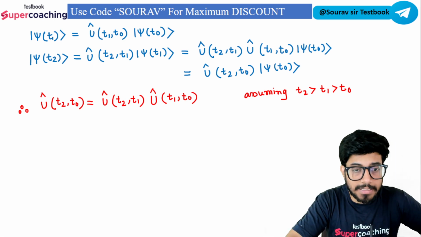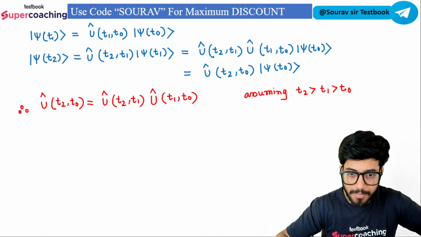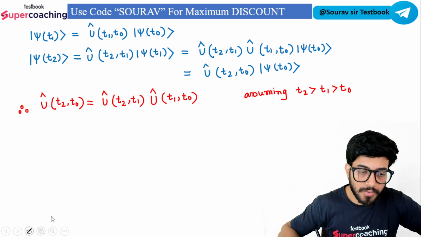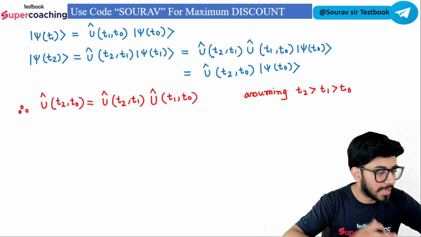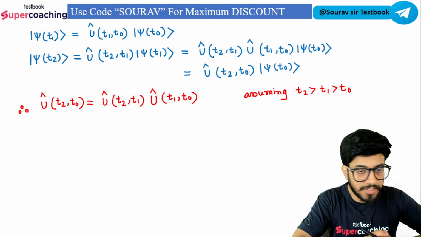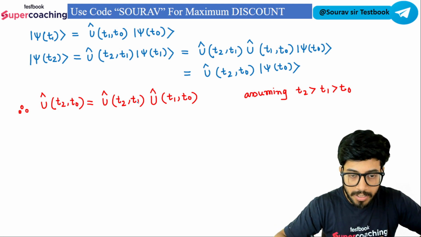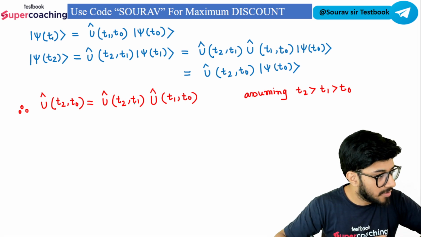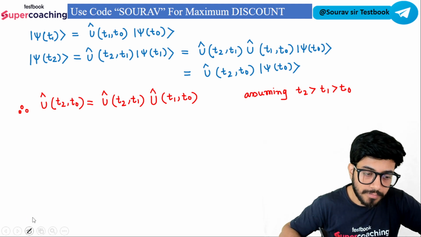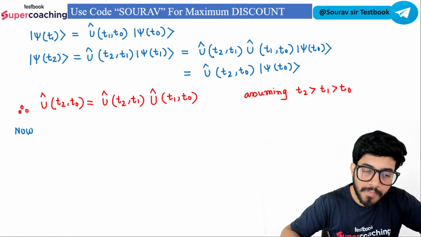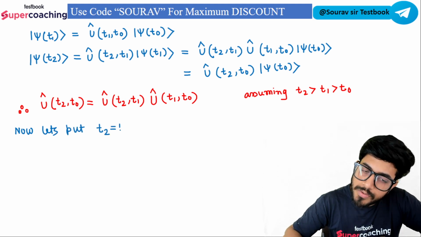So I know this formula is true. So if this formula is true, let's now put t2 equals to t naught.